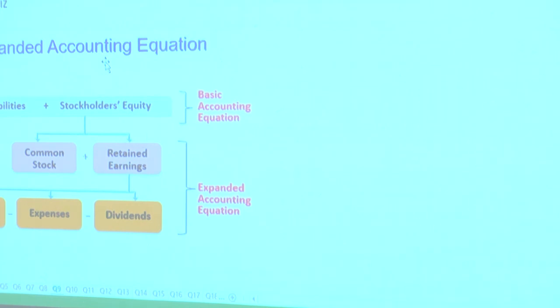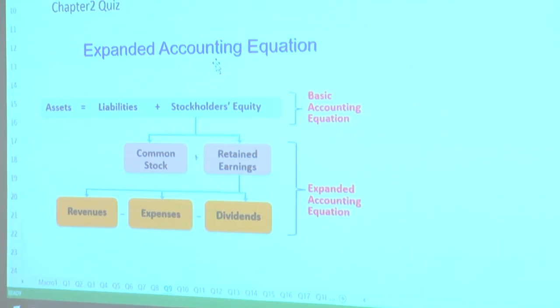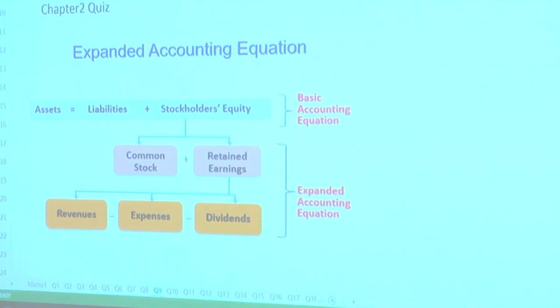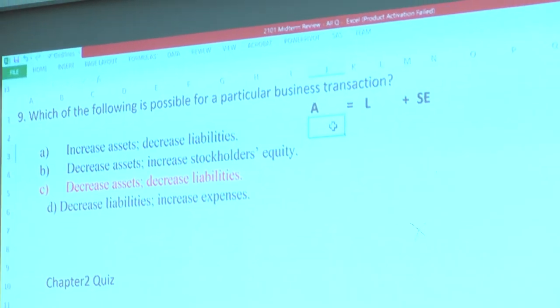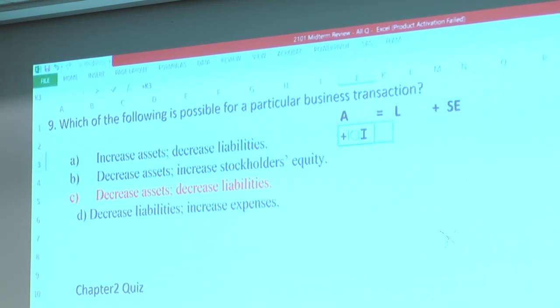So that's the way we do it. Now we have the increase and decrease, and we will just put it in and see whether it is okay. Asset is the left-hand side. For A, asset increase, and then decrease of liabilities. It's not possible, as you can see. You cannot increase one side and decrease the other side. Same for B: a decrease in asset, but an increase in stockholders' equity. But C is good, because both are decreased.